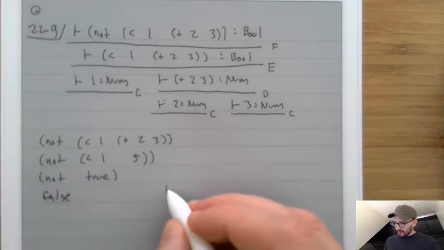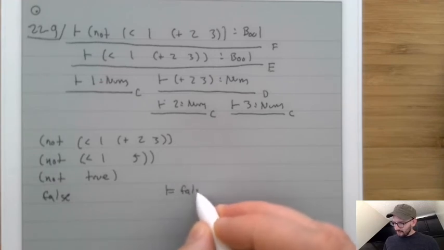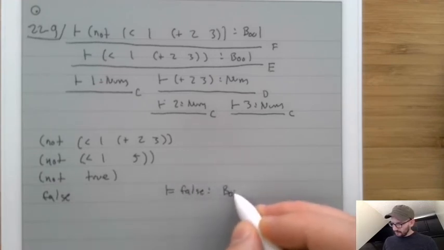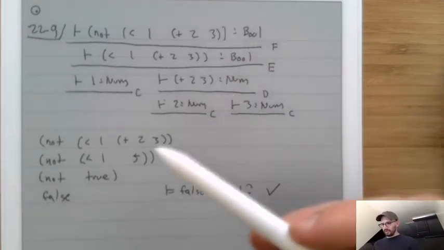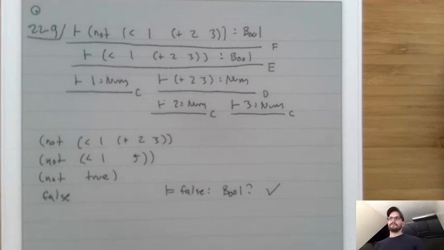And does the model say that false is a bool? And the answer is yes, it does. So therefore, we correctly predicted what this program will do without running it. Good for us. That means that what we have done is we have made a sound theory.